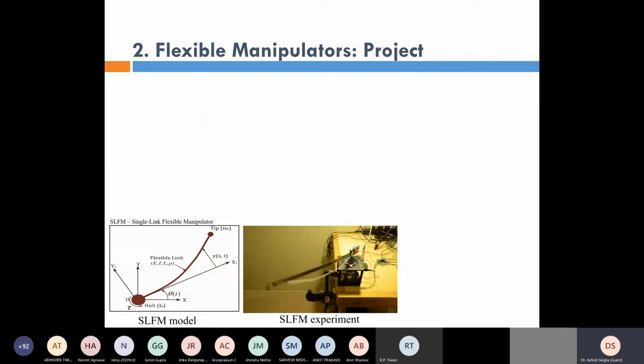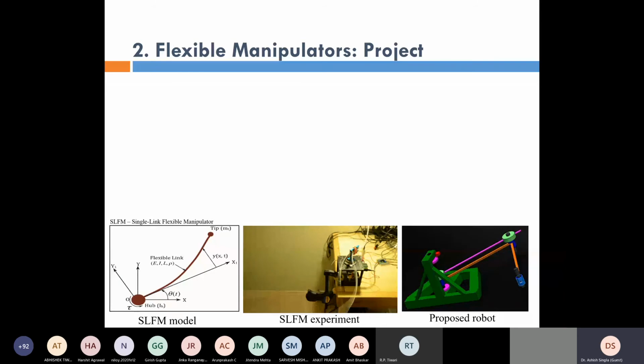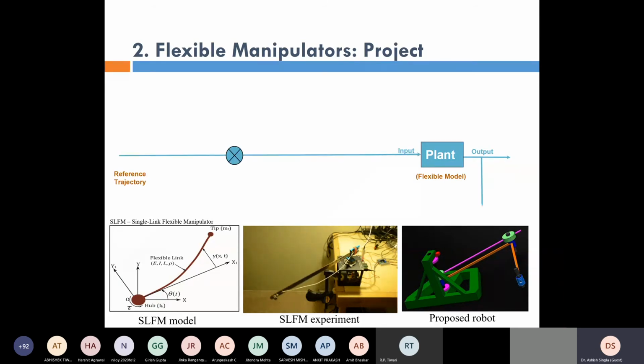A flexible manipulator is a very light manipulator, but the major issue is that it has lots and lots of vibrations. The major challenge is how to take care of these vibrations. Basically we have to deal with a plant which is a flexible model.